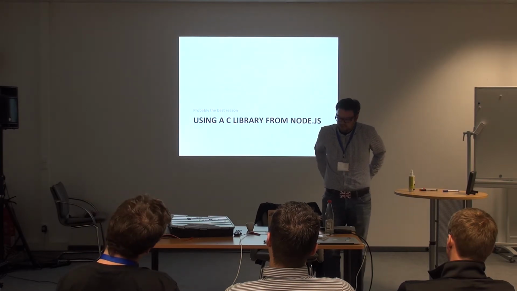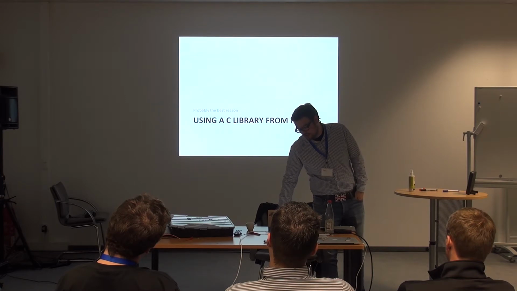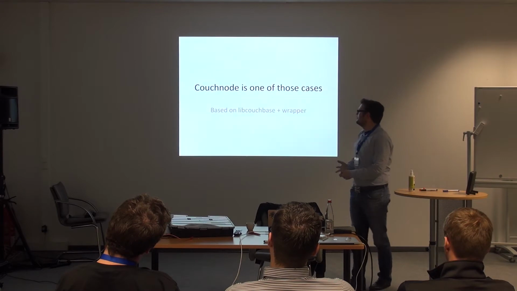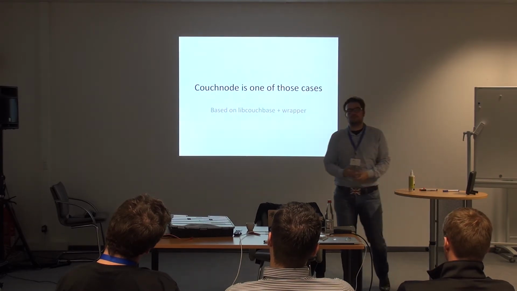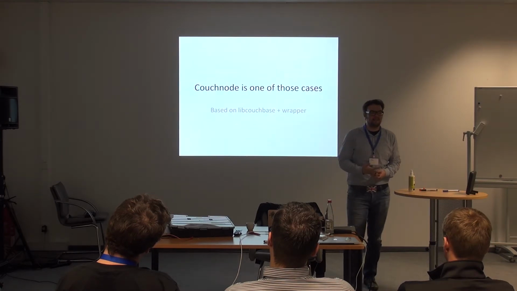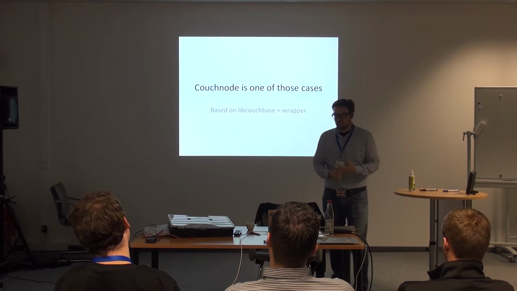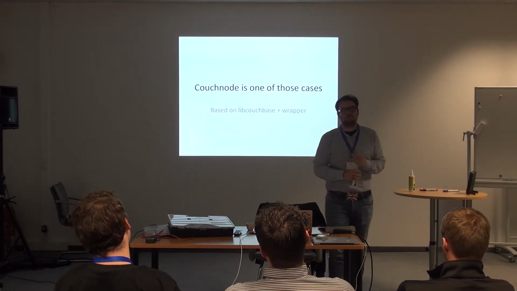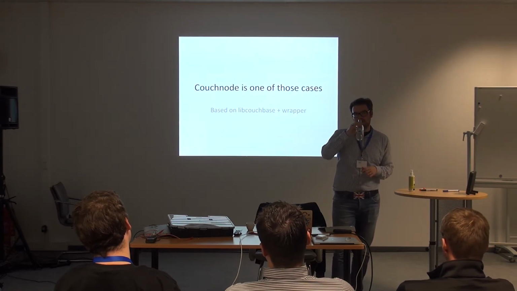It wasn't much easier anyway, and was quite hard to debug. So what we actually used for CouchNode is libcouchbase underneath, a C library which abstracts away most of the complicated stuff you have to do and provides a nicer, simpler API to manage that, across most of our SDKs.